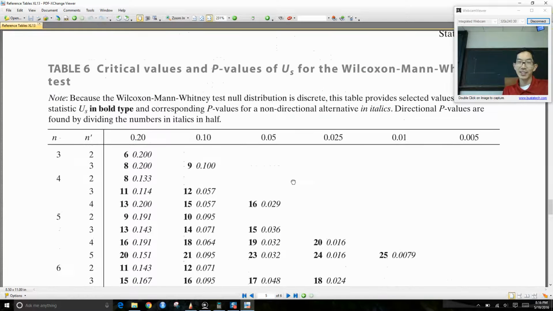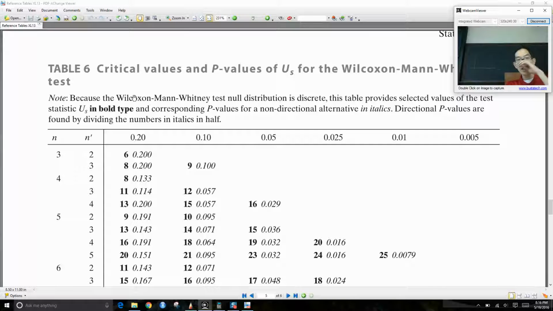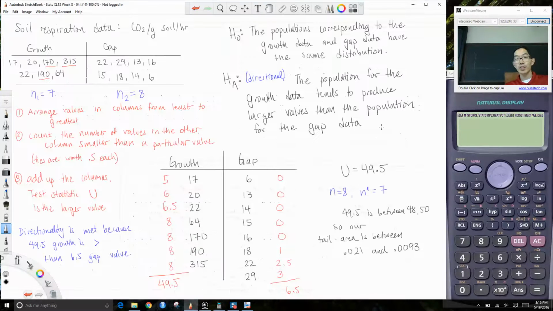And then if we look at the top of our table, it says the p-values for a non-directional alternative is in italics, which is those values we used. So that's a non-directional alternative. Directional p-values are found by dividing these numbers in half. And that's what we have in our test. We have a directional alternative.